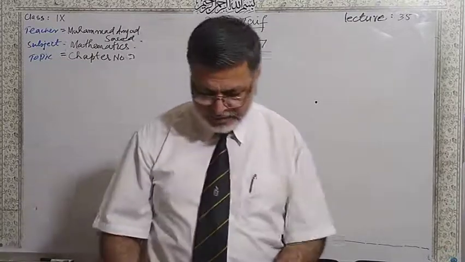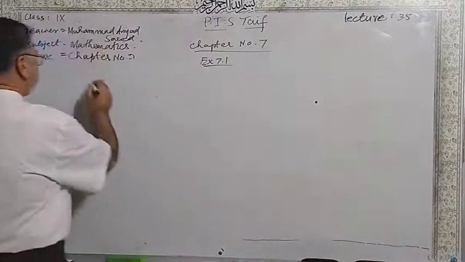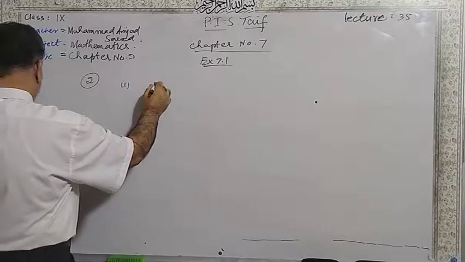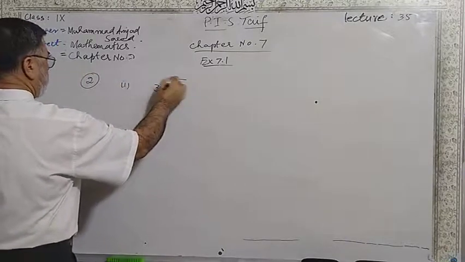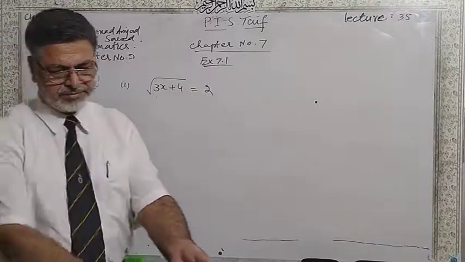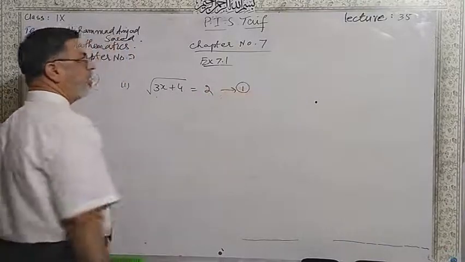So we have question number 2, part number 1. Square root of 3x plus 4 is equal to 2. This is equation number 1.